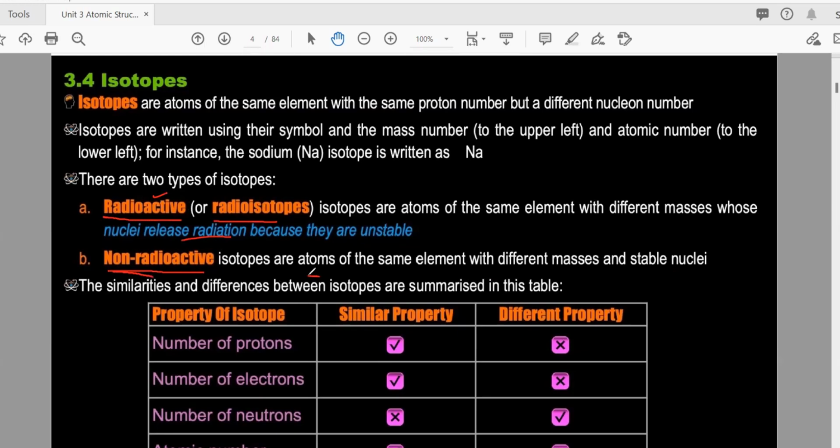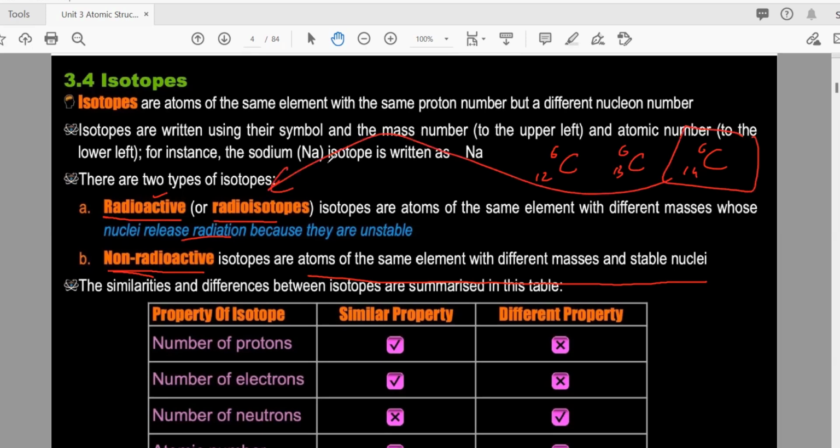Non-radioactive isotopes are made of atoms of the same element with different masses but stable nuclei. For example, carbon has three: carbon 12, carbon 13, carbon 14. Carbon 14 is a radioisotope because it releases radiation. The other two are not radioactive. This is the main difference between them.